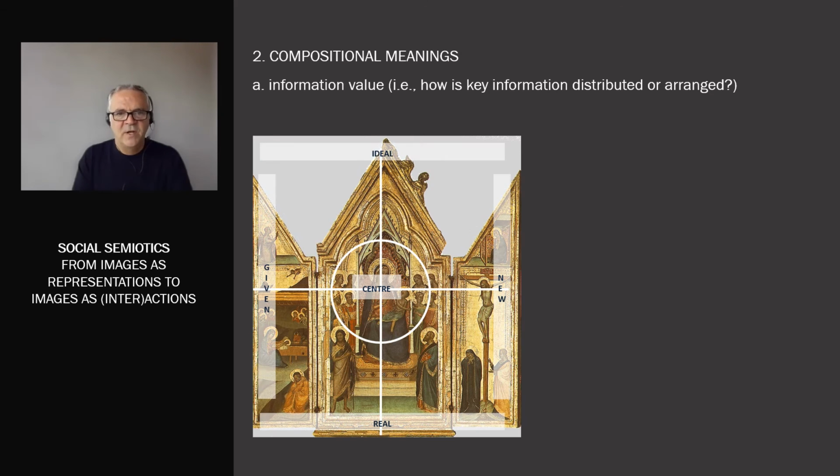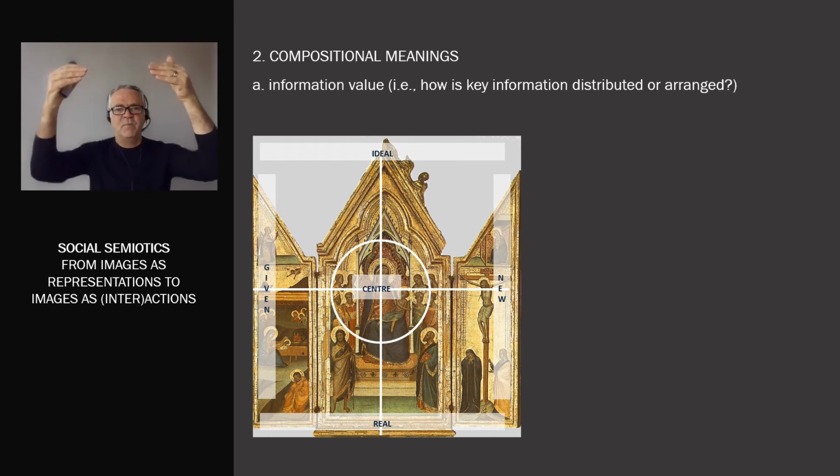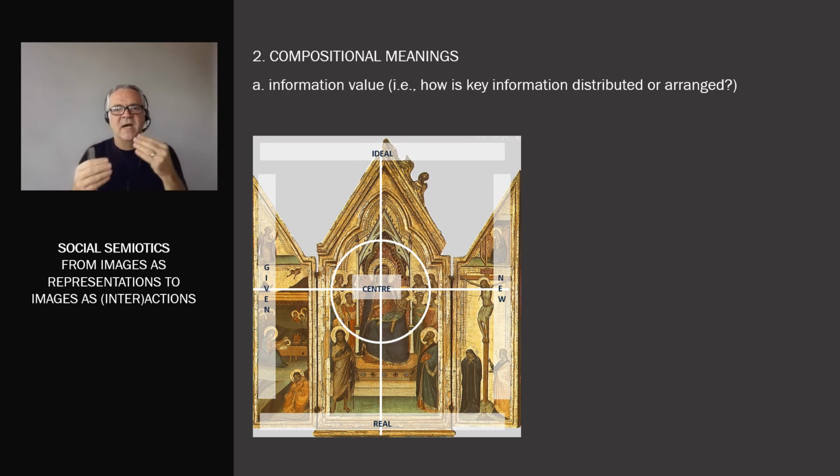So as with heaven and earth in the Christian icon, information appearing at the top of images may often be encoded or valued as ideal, while information at the bottom is often interpreted as real.